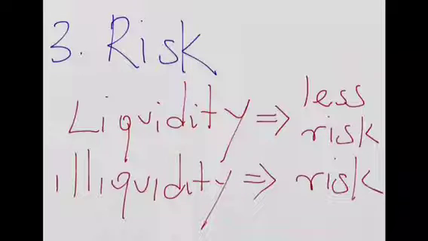So short investments have high liquidity. That is, a 2-year investment where your money is tied for 2 years will be less risky than an investment where you have tied your money for 10 years. The 10-year investment relative to the 2-year investment could be regarded as an illiquid investment and therefore the riskier investment.